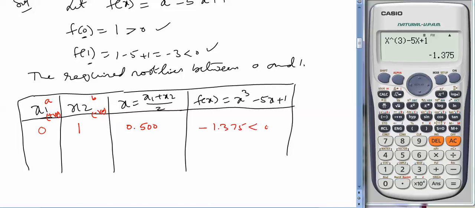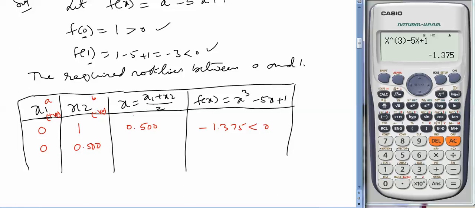Whenever f(x) is negative, write the x value in the negative column. Write the other value the same. If f(x) is negative, write the x value in the negative column. If f(x) is positive, write the x value in the positive column. The required root lies between these two, 0 and 0.5.